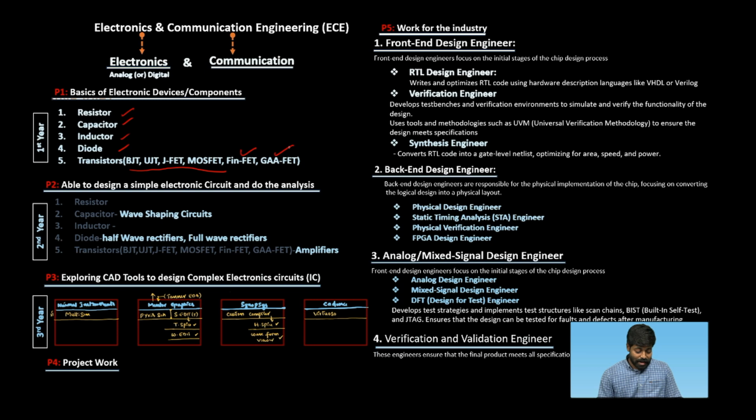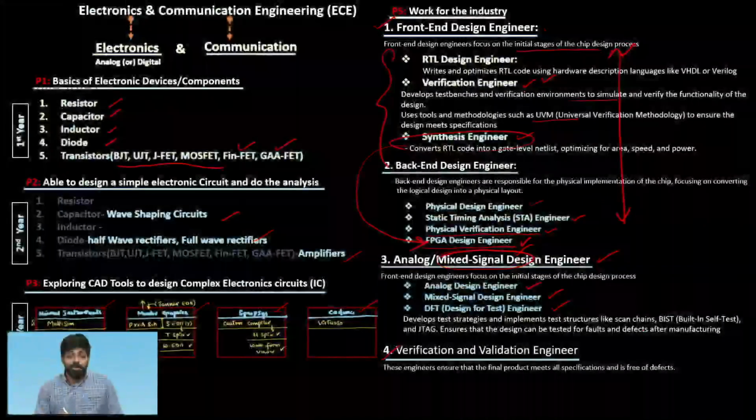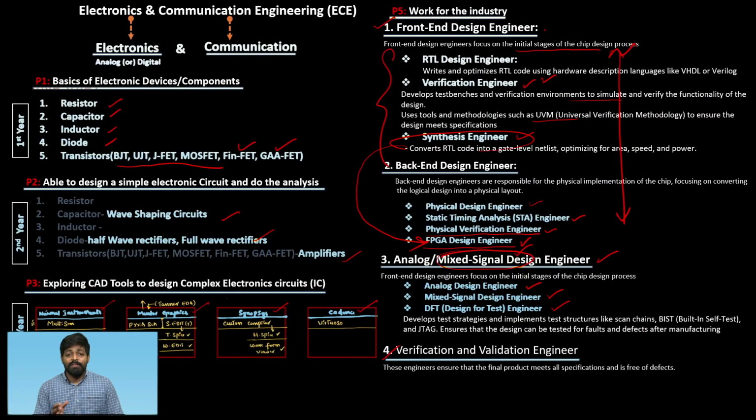That built-in self-test module will check the functionality every time by generating a scan chain. So a test pattern will be generated every time, right? That will test automatically and make sure that the fabricated device, whatever device is made after manufacturing, is functionally correct or not, whether it gives the proper functionality or not. It will be verified at the end.